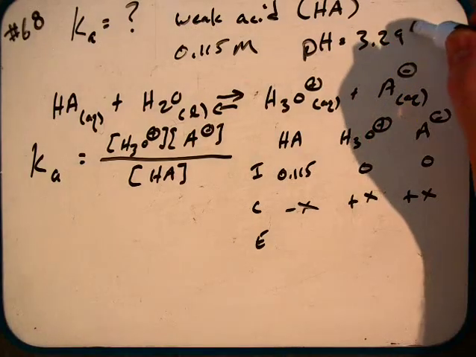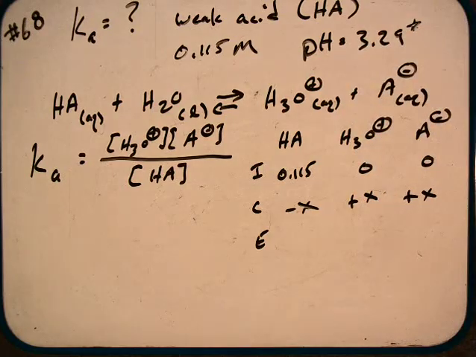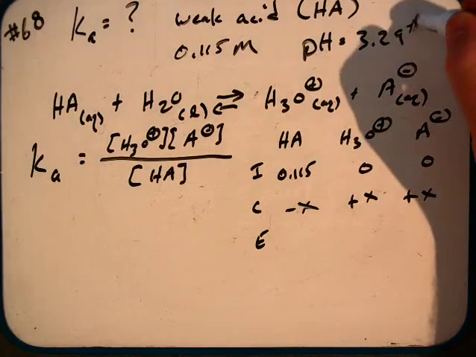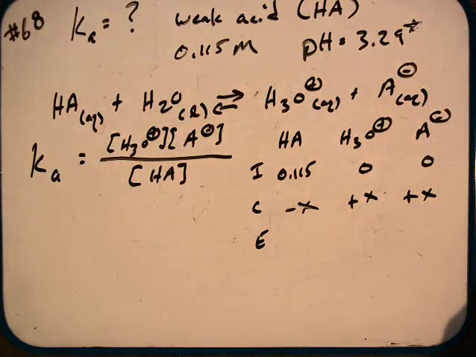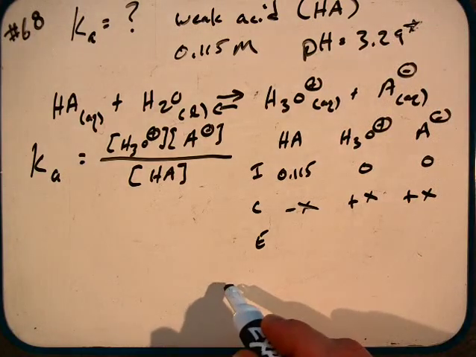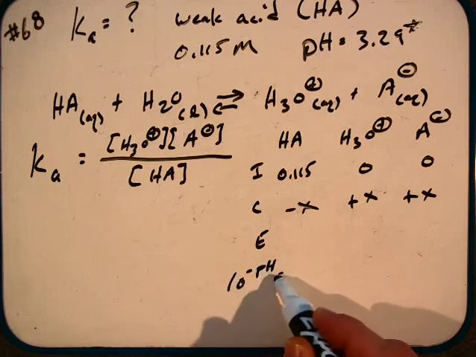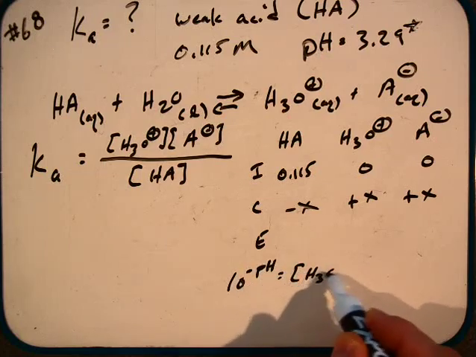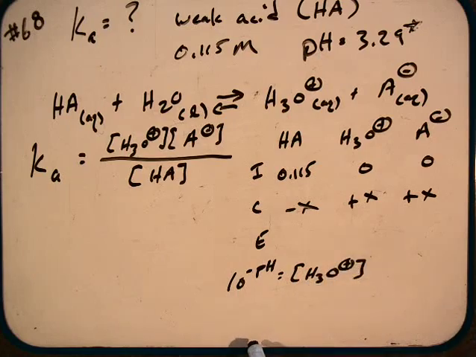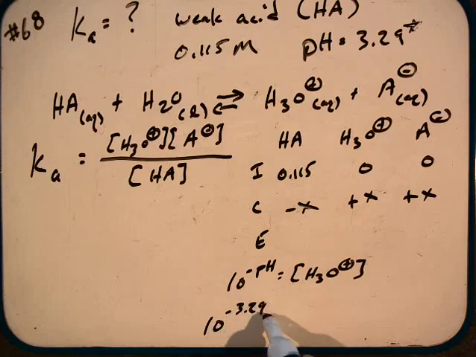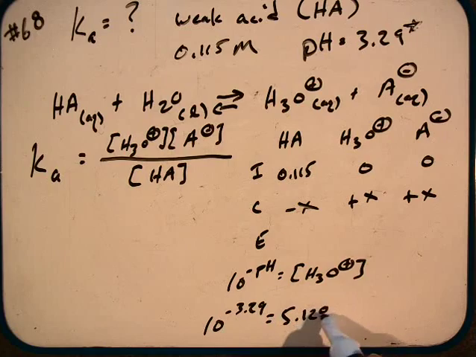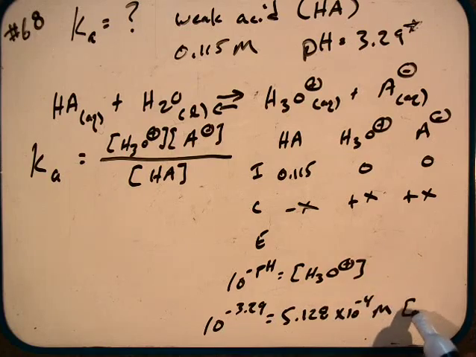But remember, every time they give us a pH, that pH is really telling us the H3O plus concentration. So remember, 10 to the negative pH is going to equal H3O plus. And so 10 to the negative 3.29 is equal to 5.128 times 10 to the negative fourth molar.